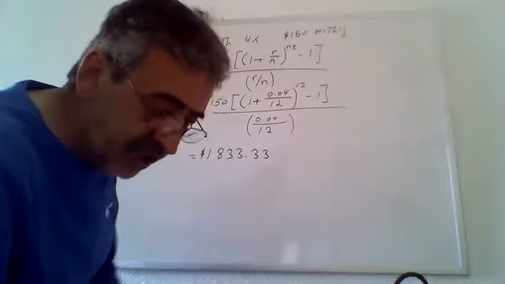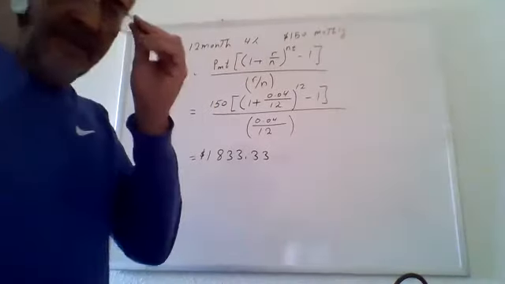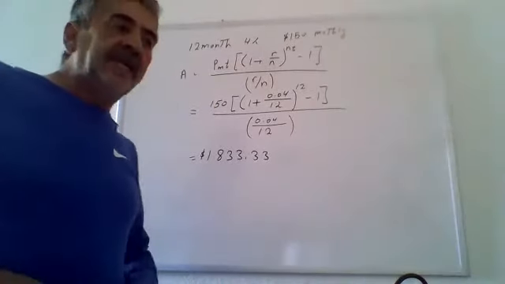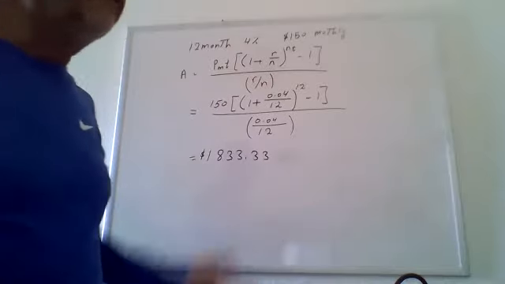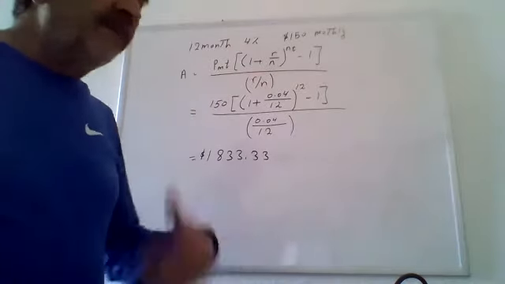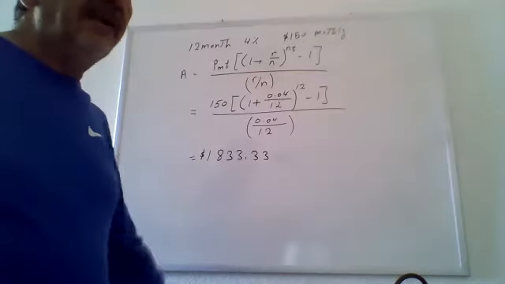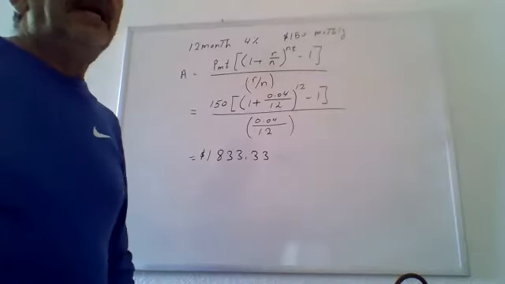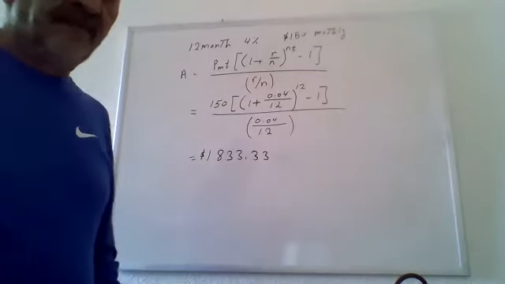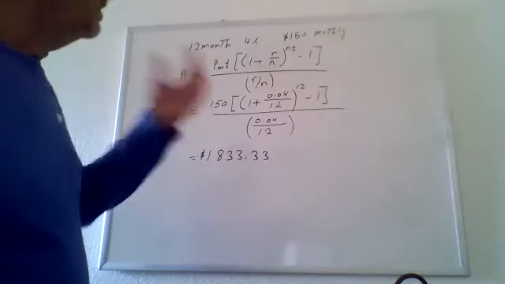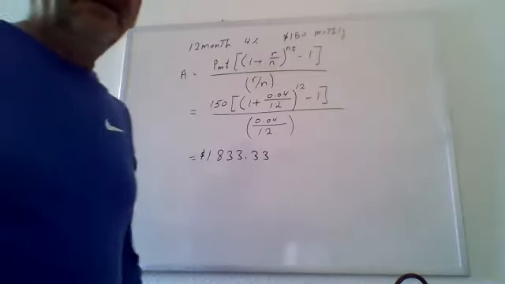Of course, N changes depending on how often you compound the money. If you compound weekly, then N will be 52. If you compound daily, then N will be 365, unless they tell you otherwise. If we're looking at quarterly, then N will be 4.